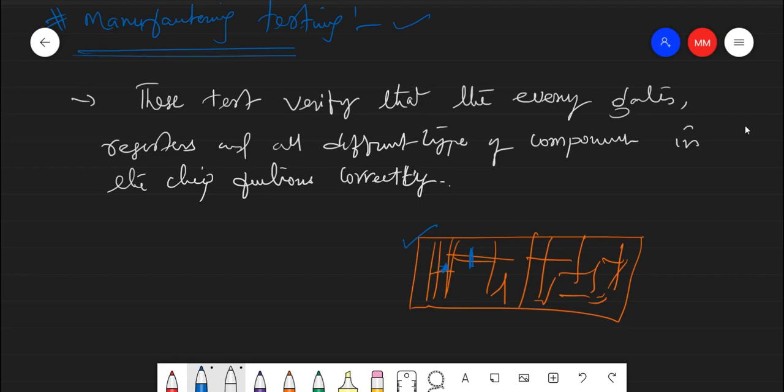The functionality test verifies the function of a chip, whereas manufacturing tests are used to verify that every gate operates as expected.